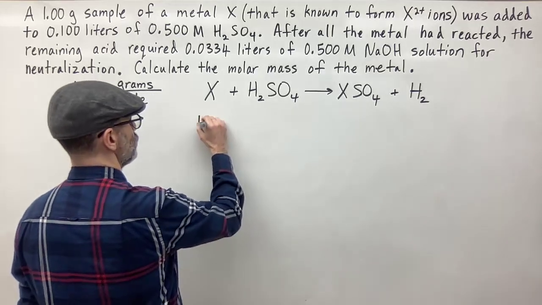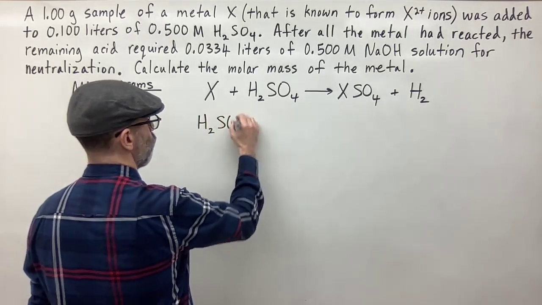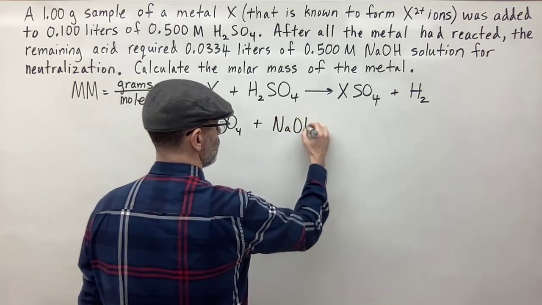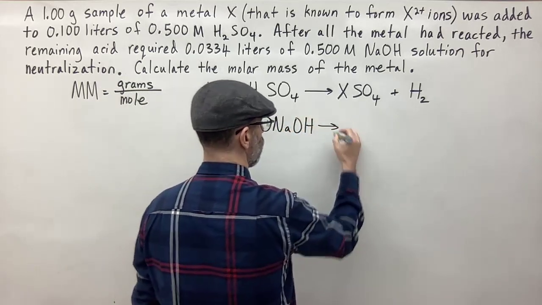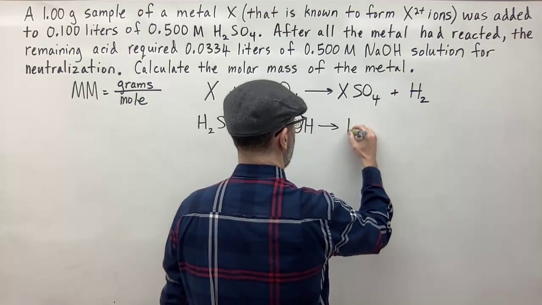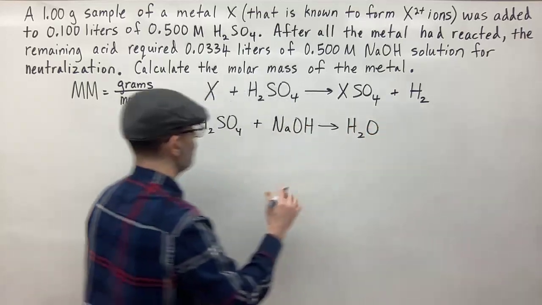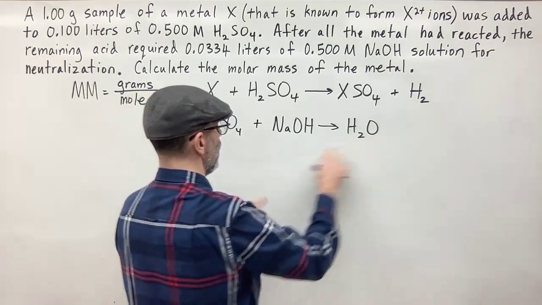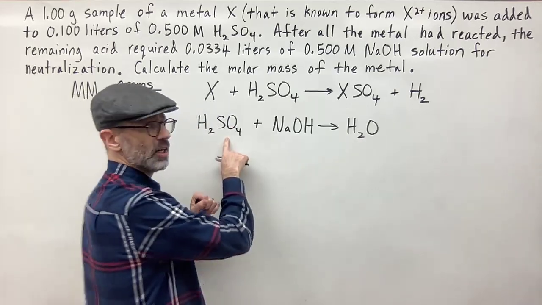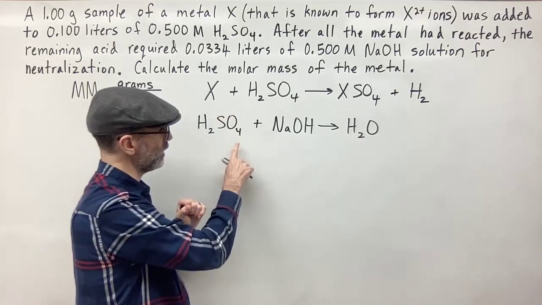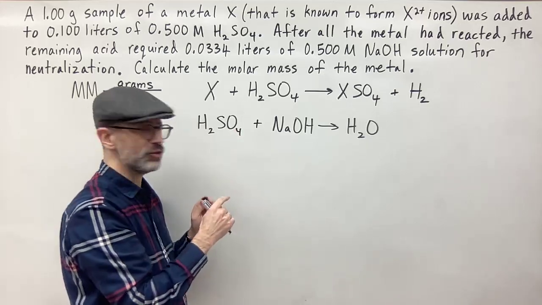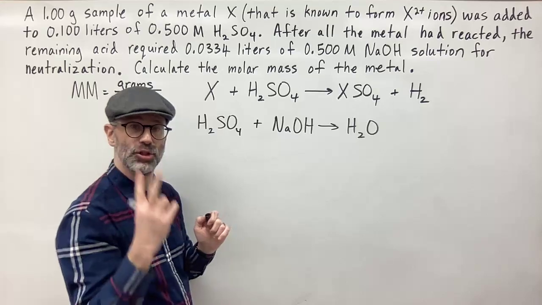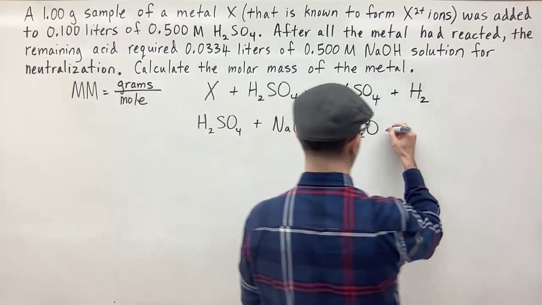We have H2SO4 reacts with NaOH to form water, because the hydrogen and the hydroxide are going to come together to form water. And then our sodium is going to come together with our sulfate. Our sulfate again has a 2-, and our sodium has a +1, so we need 2 sodiums to balance the charge of our sulfate.